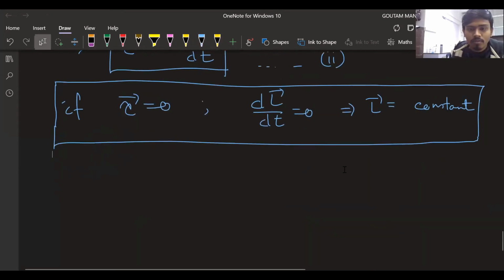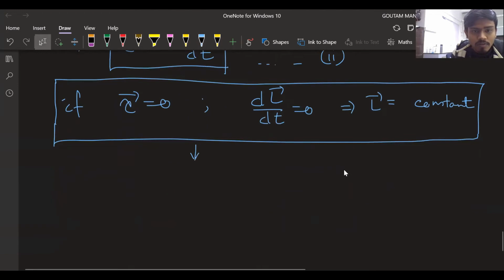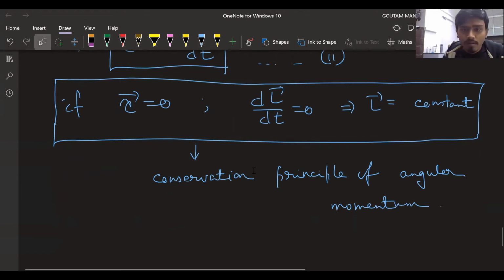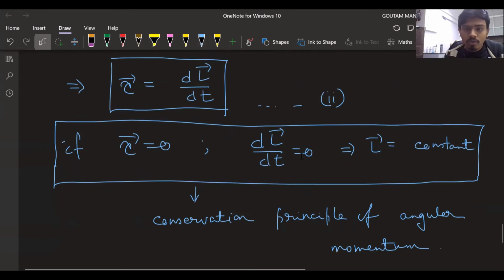This is called the conservation principle of angular momentum. Okay, so we got two conservation principles.